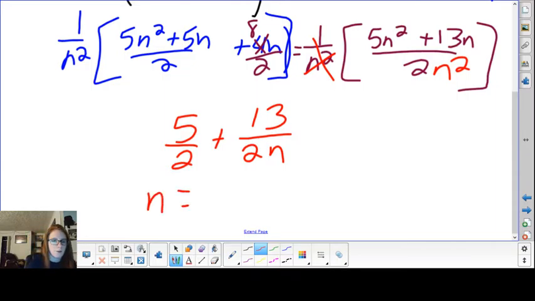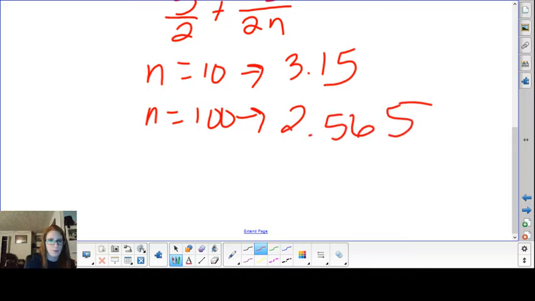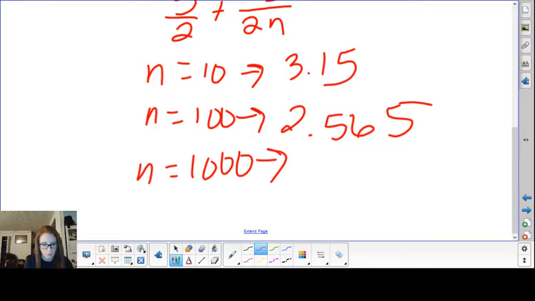So when I let n equal 10, I get 3.15. Now let n equal 100. Get 2.565. And then n equals 1,000. I get 2.5065. So not terrible.